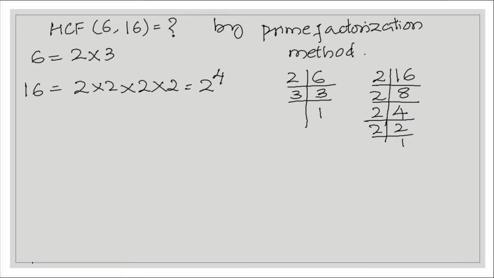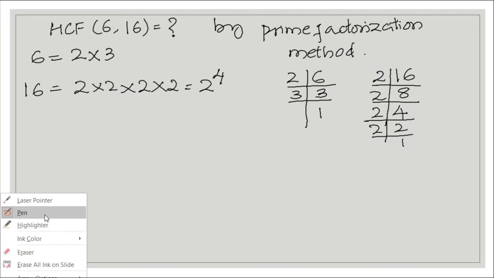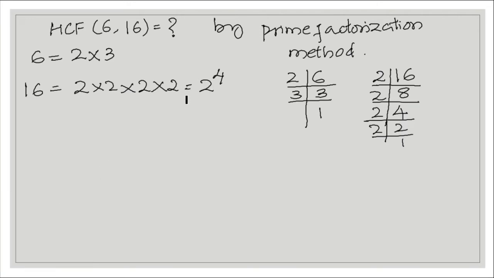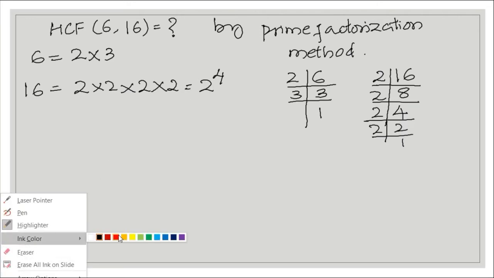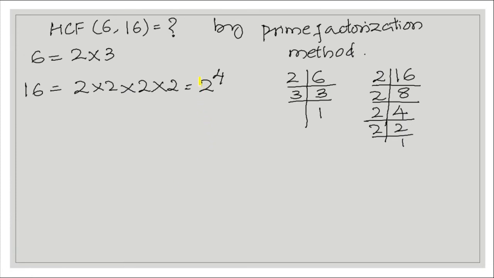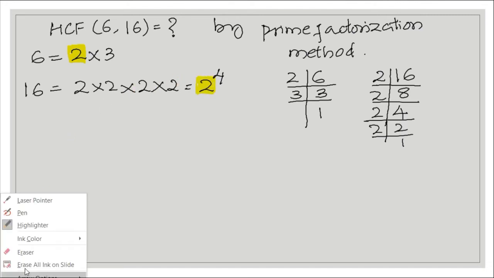Now just observe the common here. The common is 2. Now I have to consider the power of this common factor, and I have to consider the power as the lowest power.